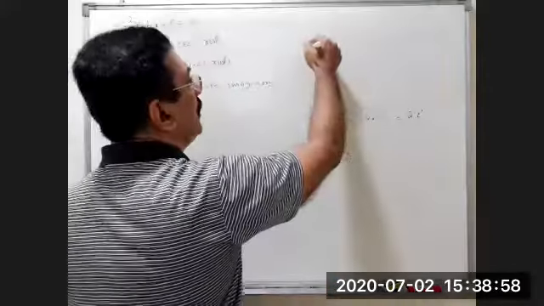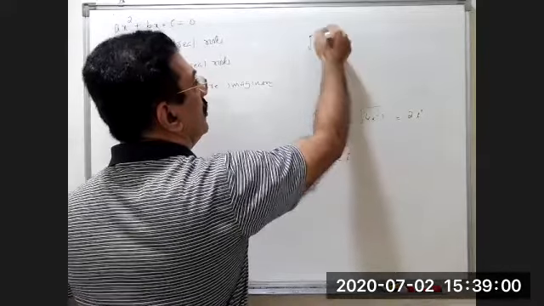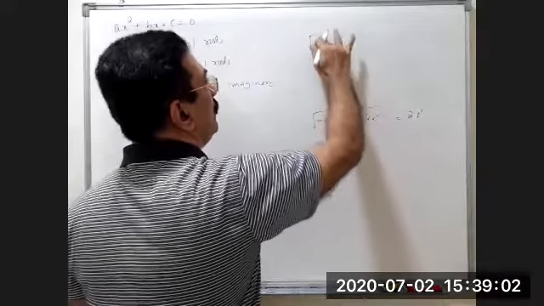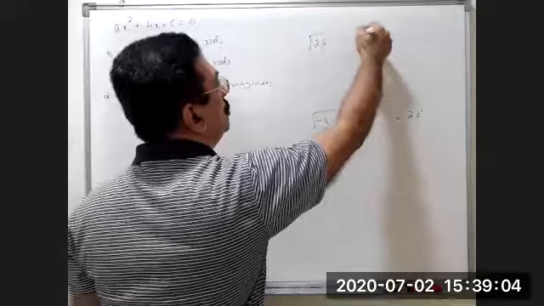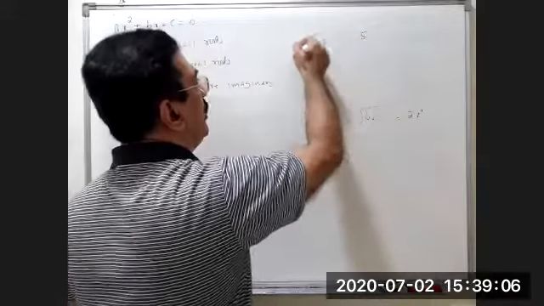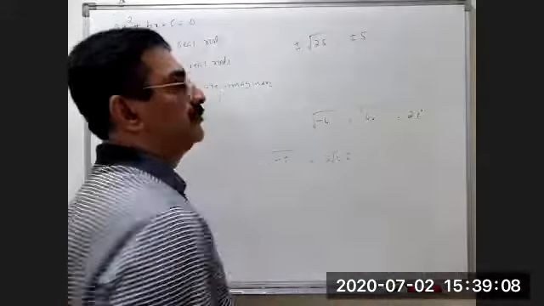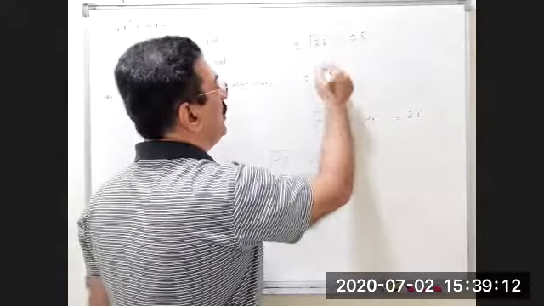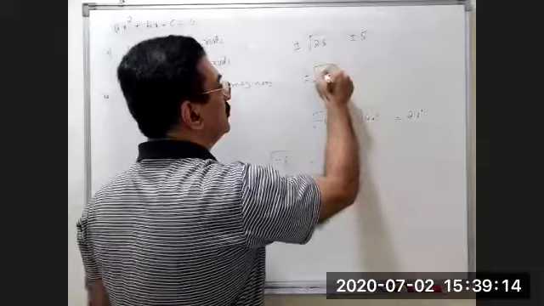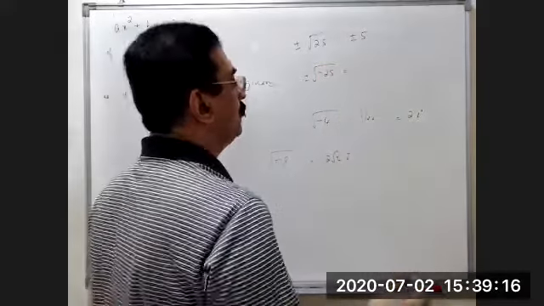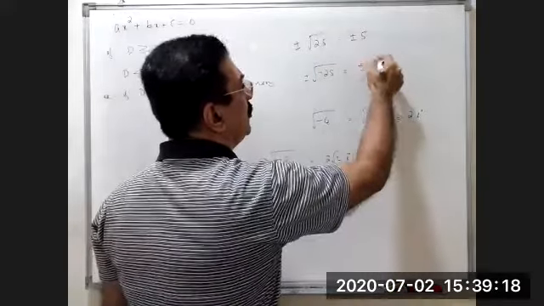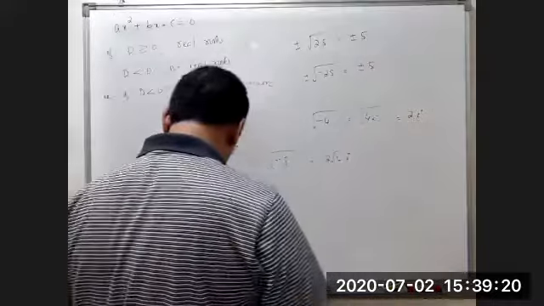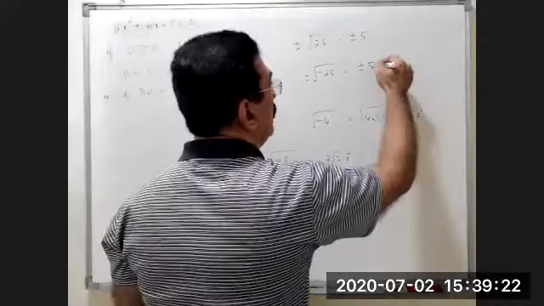If you are getting root 25, you know the answer is 5. It is plus or minus root 25, plus or minus 5. Whereas if it is plus or minus root of minus 25, what do you do? Write plus or minus 5 along with one i.